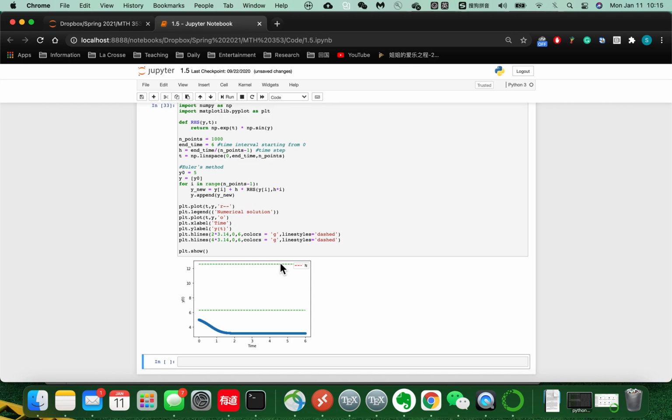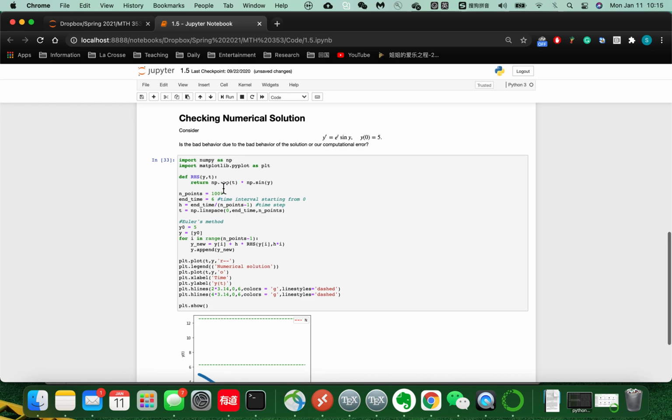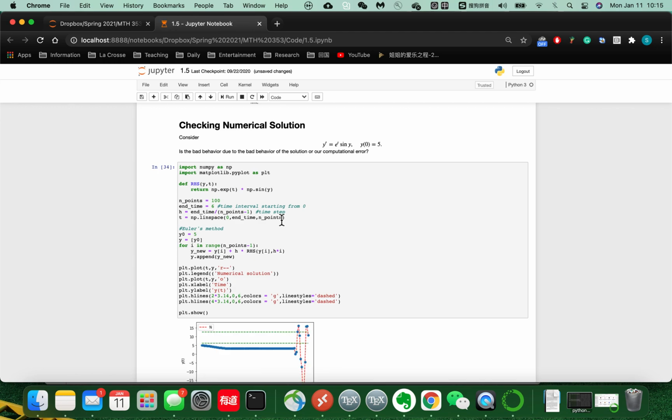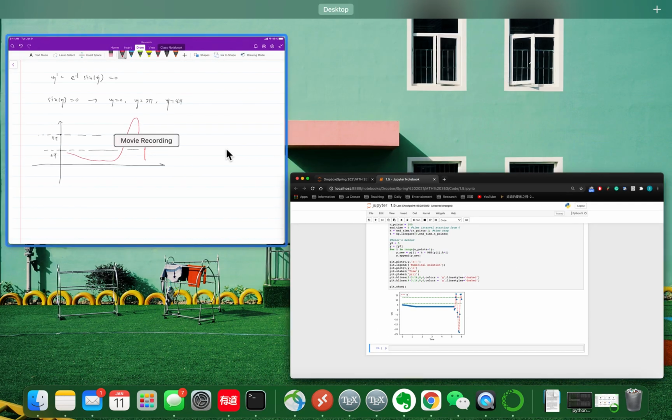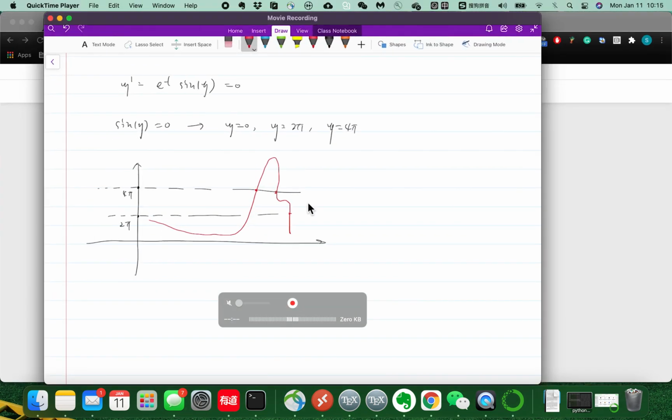So this one looks more reasonable, even though there is still no guarantee this is correct. But at least I know this one is definitely going to be wrong, the one at the beginning. This is definitely wrong. So that's not the behavior of the solution. All right, that's everything we need for uniqueness and the existence of solutions.